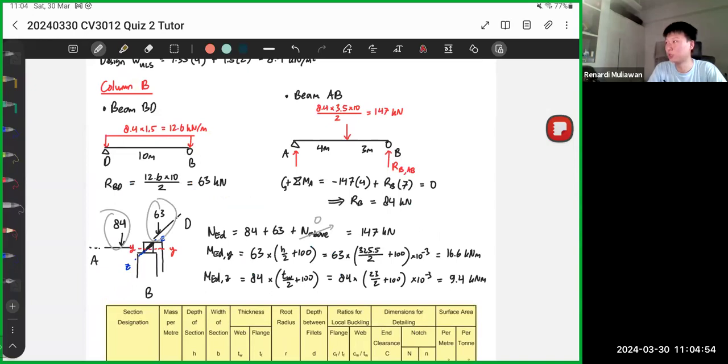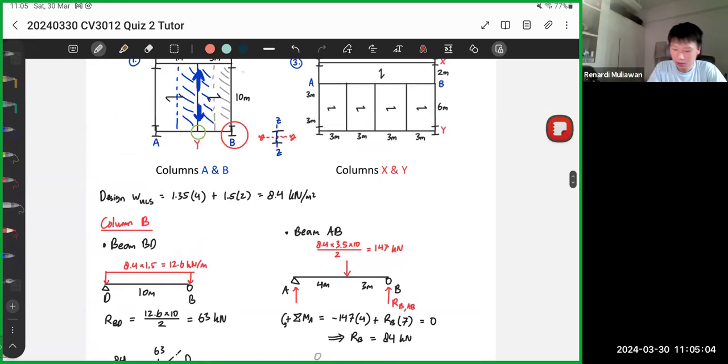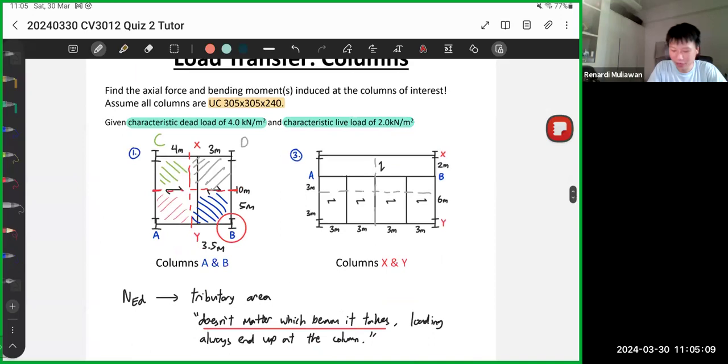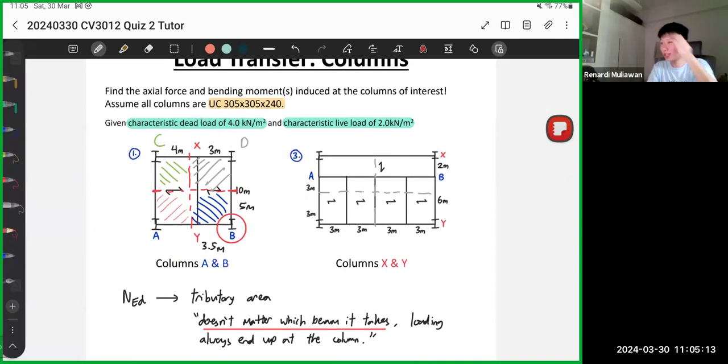Okay, that's why you cannot use the tributary area directly. Okay, that's the problem with beams. So for MED and MEDY and MEDZ, you must actually do the beam calculations one by one. But for NED, if you have no time, just do this. Okay, so yeah, that's all.